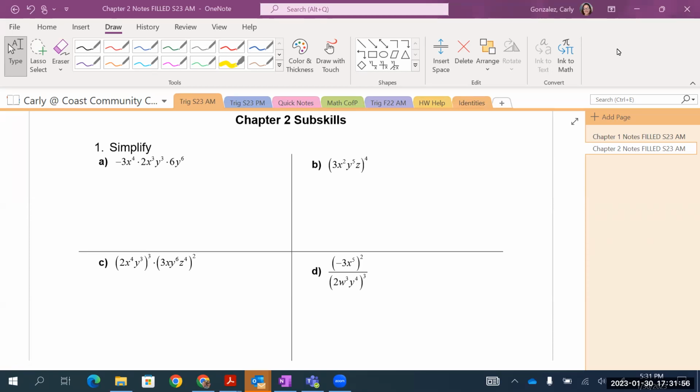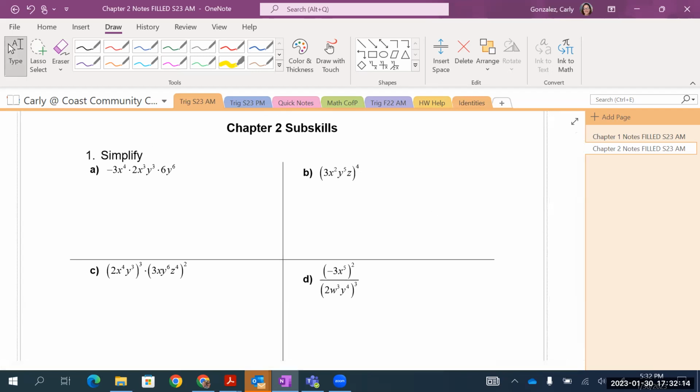In order to get started with these different problems, we will want to take a look at some different properties, and we're going to be employing our exponent rules. I like to start with a simple demonstration where we look at what happens if we do something like x squared times x to the third power.